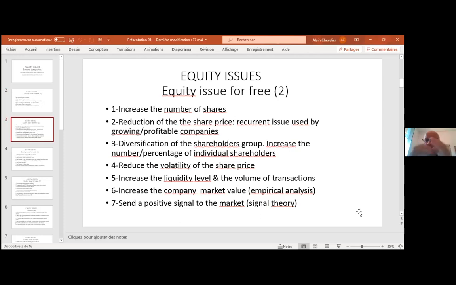When you make an equity issue for free, say for example, I will issue one new share for all shares. That means that at the end of the process, you will have an increase in the number of shares by the percentage, which is summarized by the parity, is 1 out of 4.